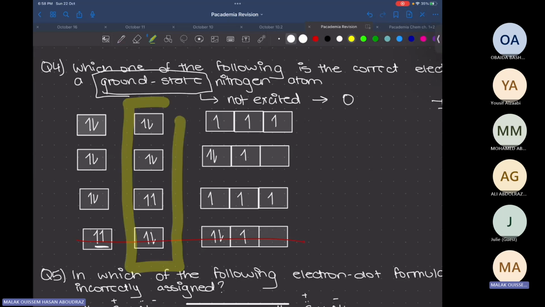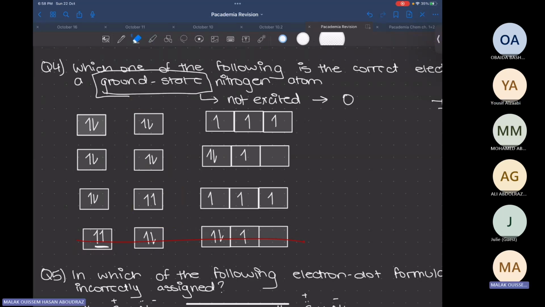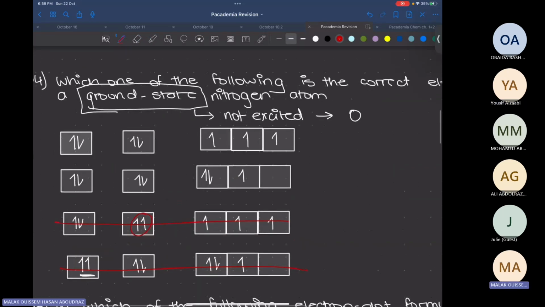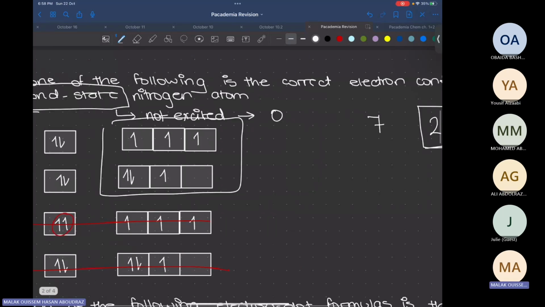Now in my second column right here, is there anything wrong here? The third one. Third one, why? Both in the same direction. Same direction, so we cancel this one out. Now we're looking at only these two, because we canceled the others. Which one would be correct?